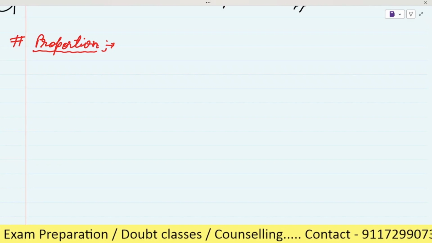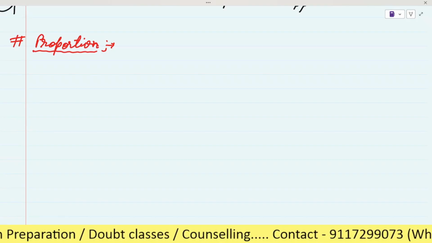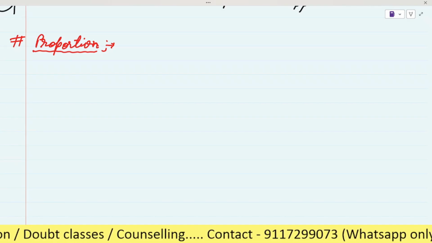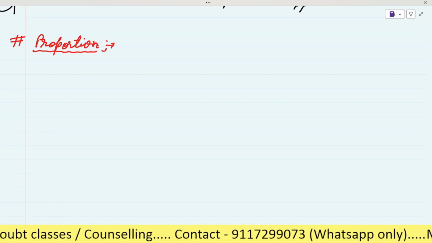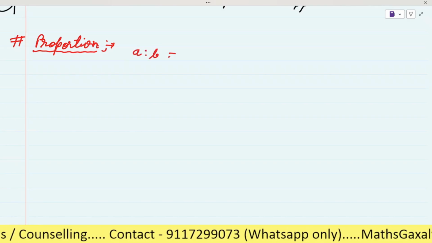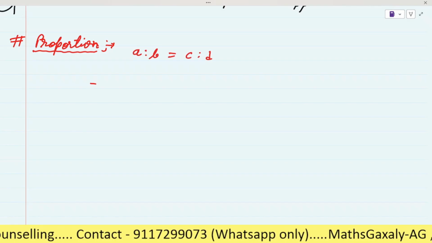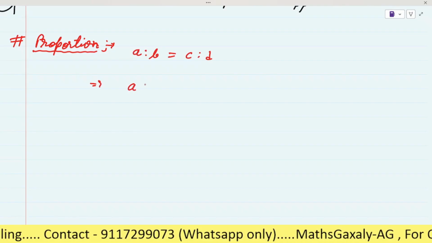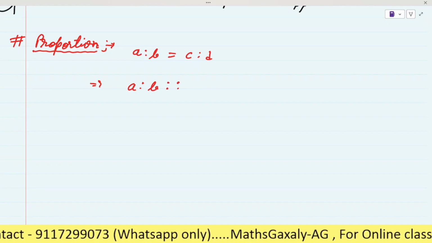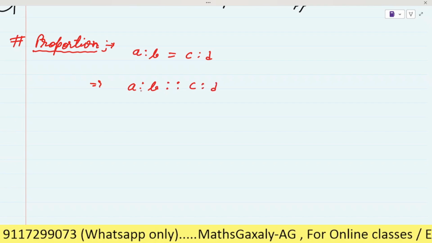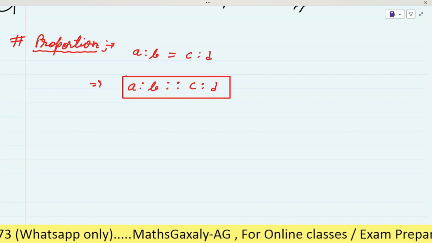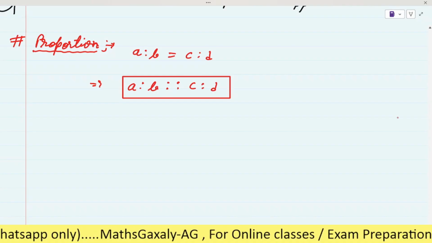Okay. Or we can say that when the two ratios are equal, then they will be known as proportion, right? As an example, A is to B is equal to C is to D. So it can be said that A is to B is proportional to C is to D. This is a way of presenting proportion.